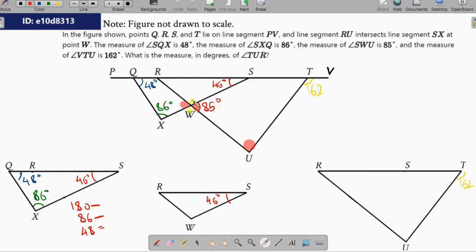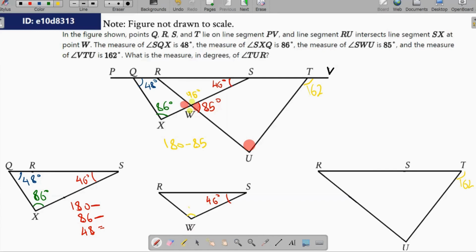So to find the angle in yellow, it's just a simple formula: 180 minus 85. So that's going to be 95. That angle in yellow corresponds to this angle right here.